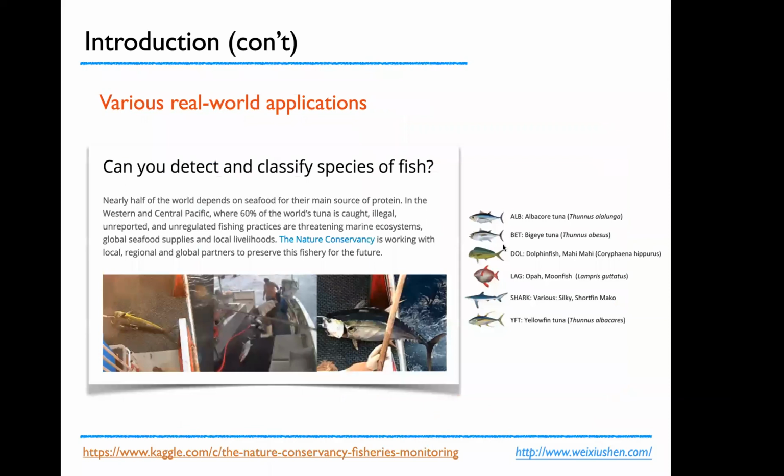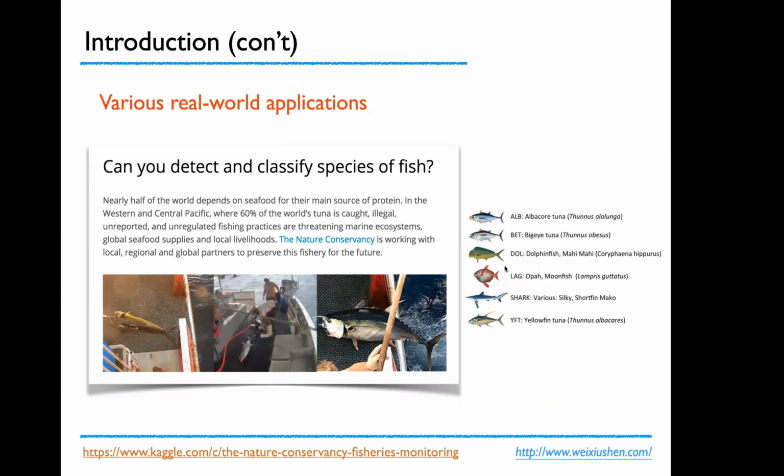In real applications, fine-grained recognition is widely used in diverse real-world tasks. For example, this is a competition held by the Nature Conservancy on Kaggle in 2016. The task of this competition is to detect and classify the species of fish from the images captured by the camera on ships.